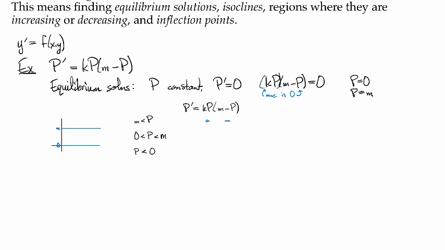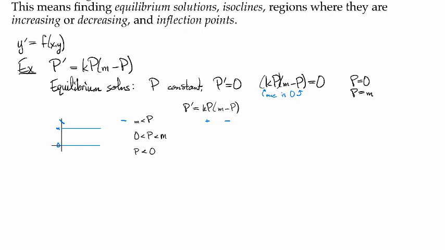So we have a positive times a negative, and the net sign is going to be negative. I'll put a little minus sign over there to indicate that it's decreasing. Actually, here we'll put a little bar like that on the vertical axis.